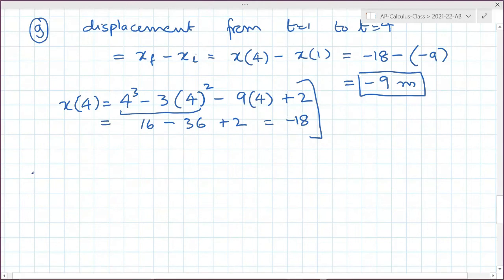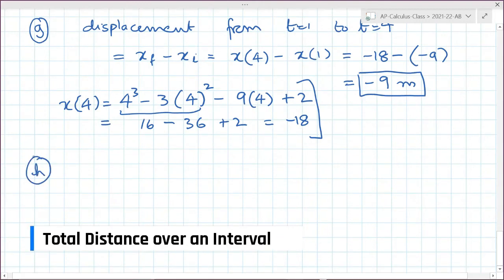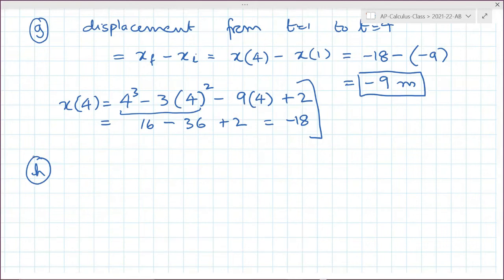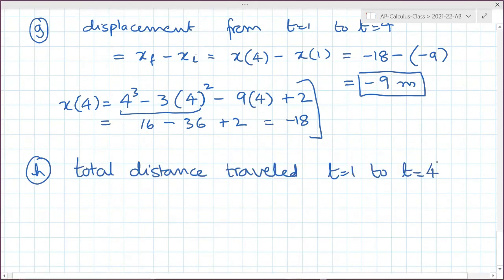Then H, what is the total distance of the particle from t equals 1 to t equals 4? Since you're moving along a straight line, your displacement and distance would be the same unless it has changed directions, right? If you're moving from here to here, then displacement is that and distance is the absolute value.